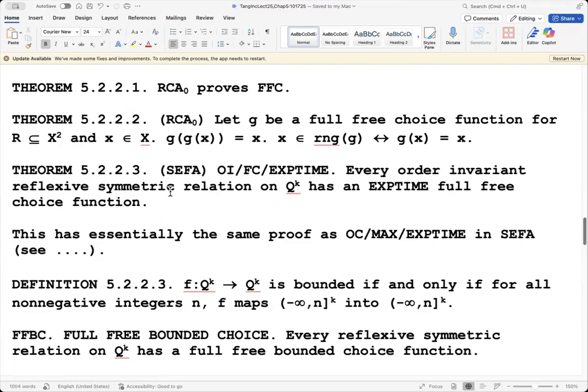I'm trying to remember why I needed CIFA. I have to go back and look at the, if it's order invariant, reflexive, and symmetric. I used to do that with the chapter 3. And there's no reason why it can't be done in IFA.